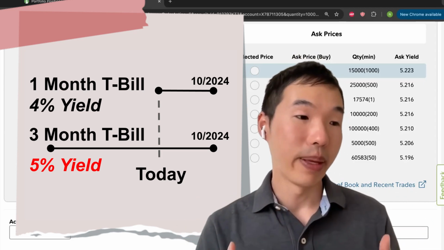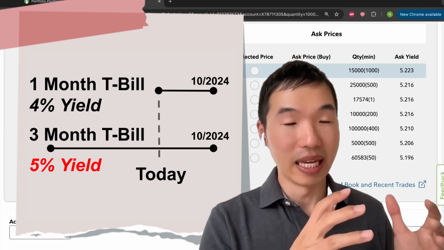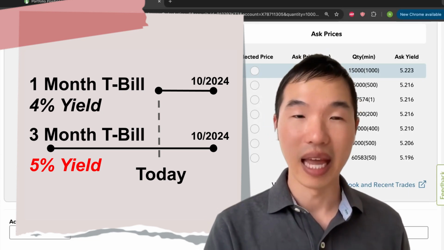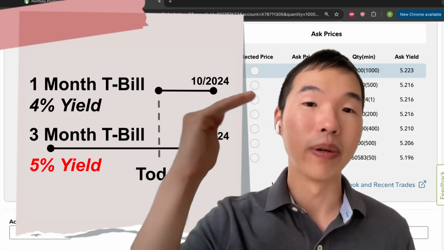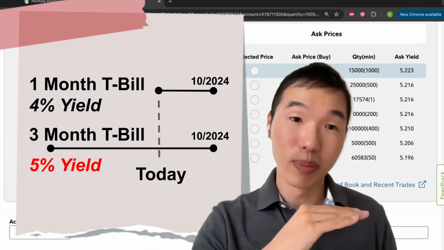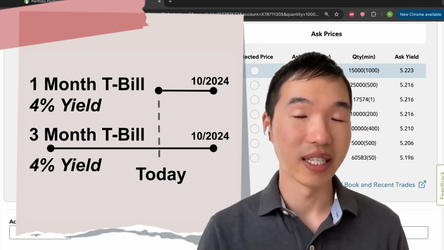So of course, people will buy existing Treasury bills because the yield is higher, and they will keep on bidding up the price of existing Treasury bills until the yield is probably around 4%.